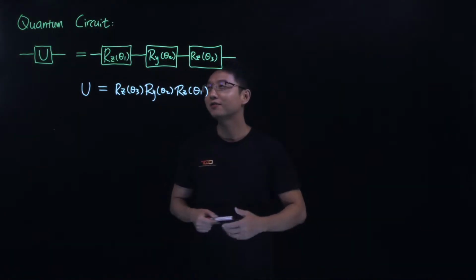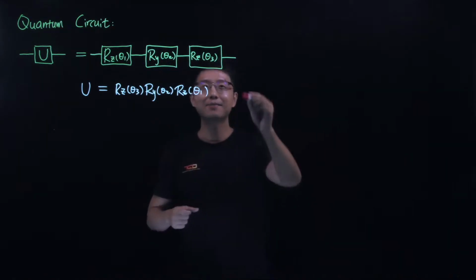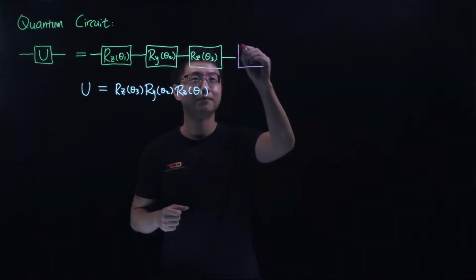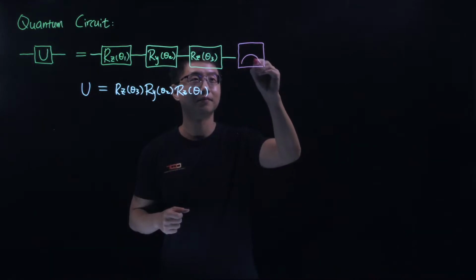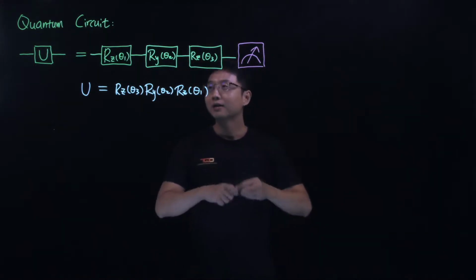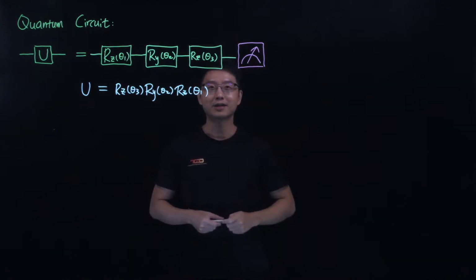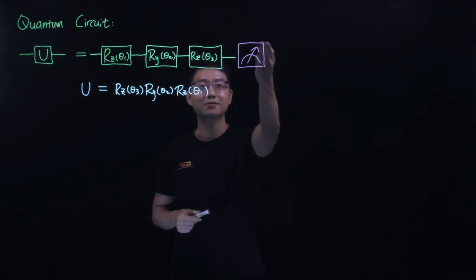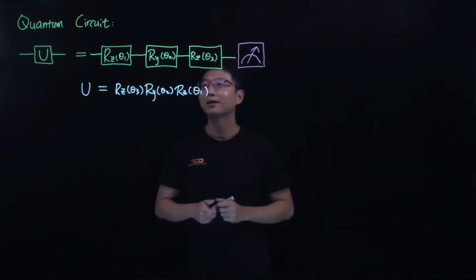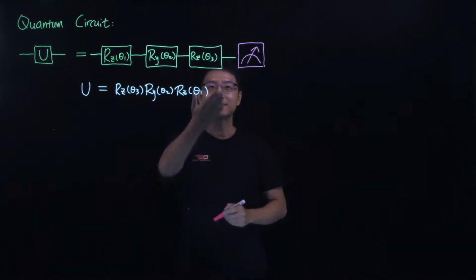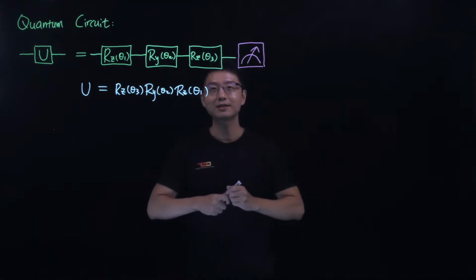The last part of a quantum computation task is the measurement. In a quantum circuit model representation, a measurement is shown as a box with the meter inside. For the case of a qubit, this measurement is done in a computational basis.